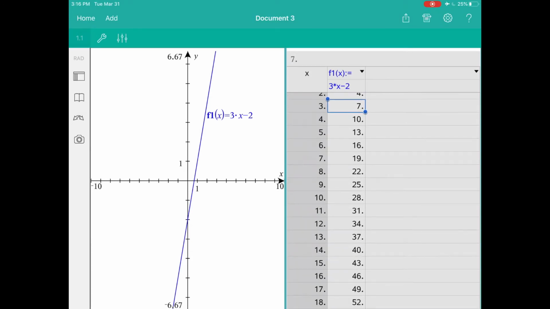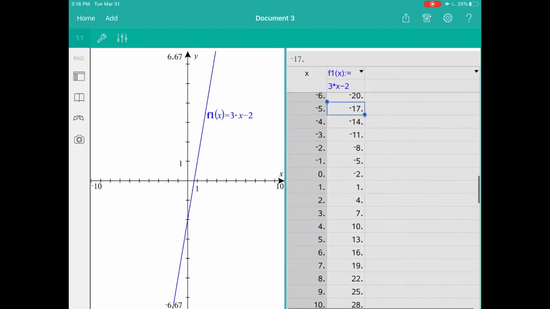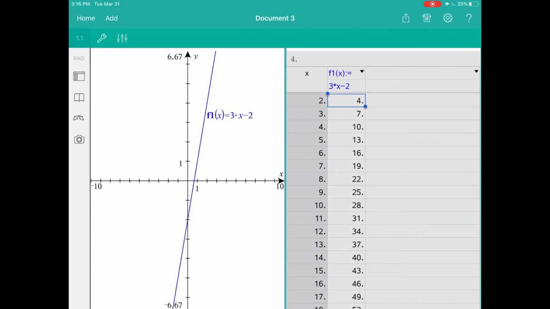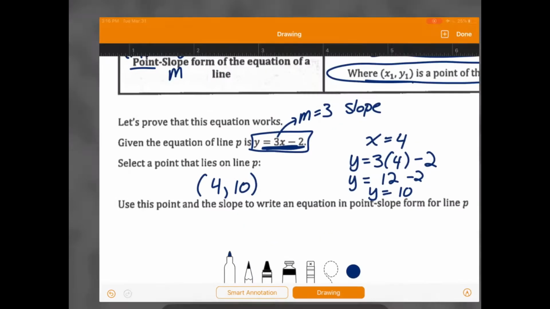Okay, all of the whole number points. So if you notice, (4, 10), that is one of the points on the line. You could choose any of these points, even the ones with negative numbers, and it'll still work. So I'm going to use (4, 10). If you want, you can go ahead and try another number and see if that works too, but they'll all end up having the same answer at the end.